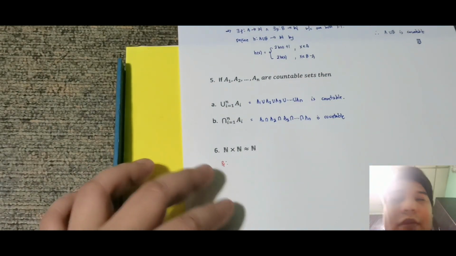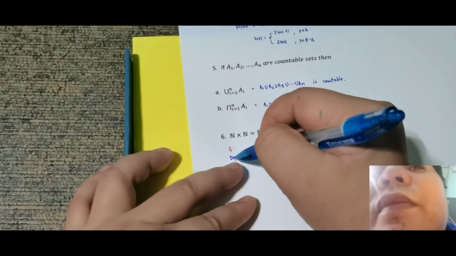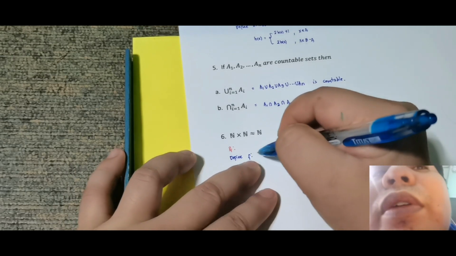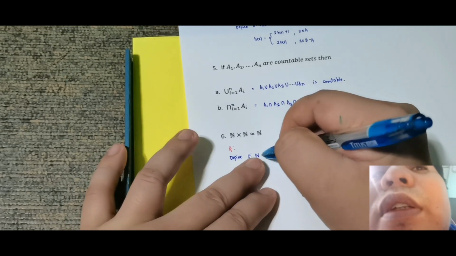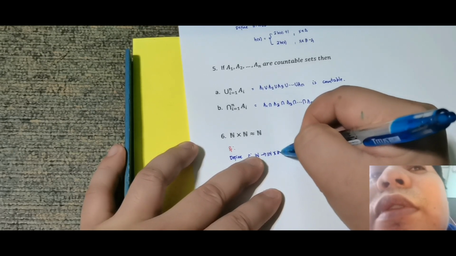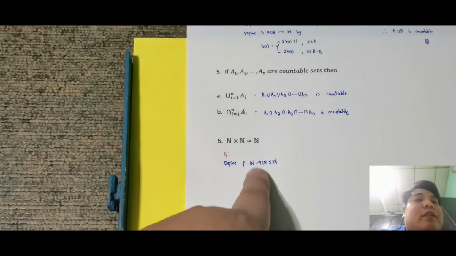Okay, so una, ang goal natin, so define a function f. Define f to be, unahin ko muna to, N mapping to natural number cross natural number. Okay, ito yung una.